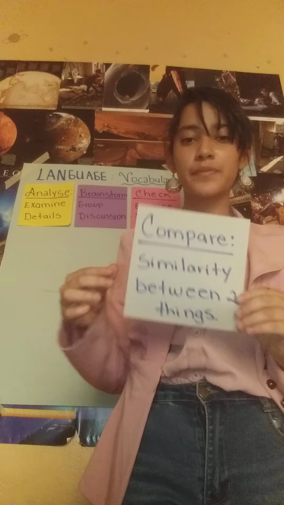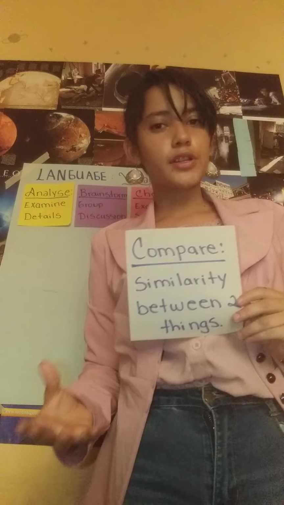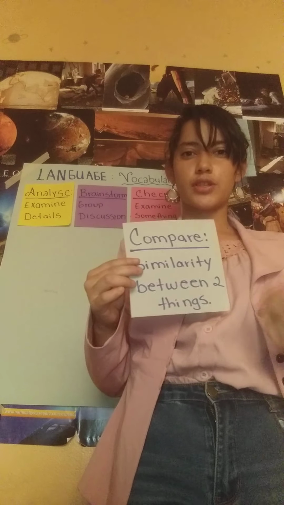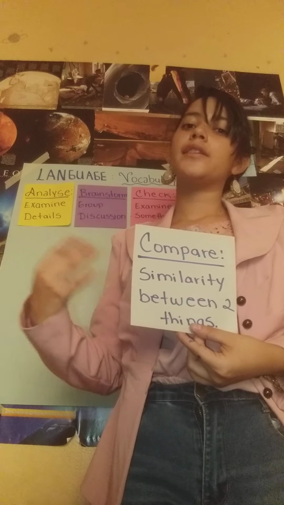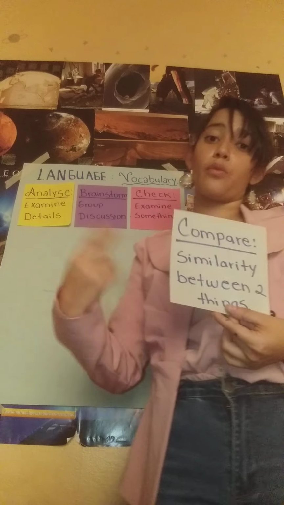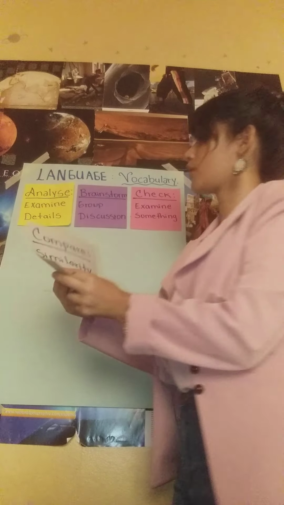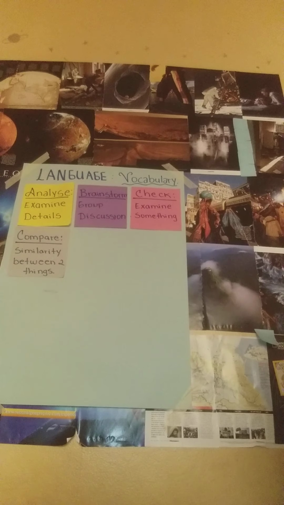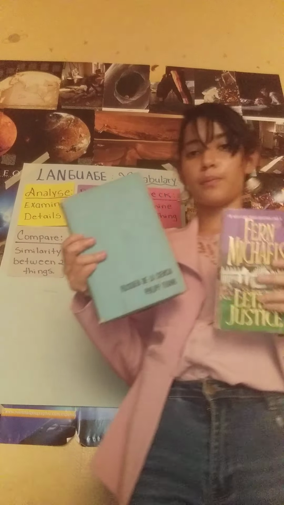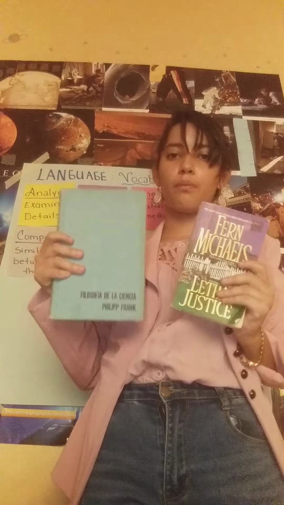Now we have the word compare. When you compare something, you are searching for the similarities or dissimilarities that two or more things have. For example, I have two books here and maybe I need to compare both books.